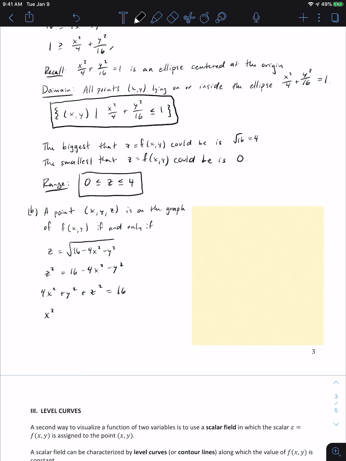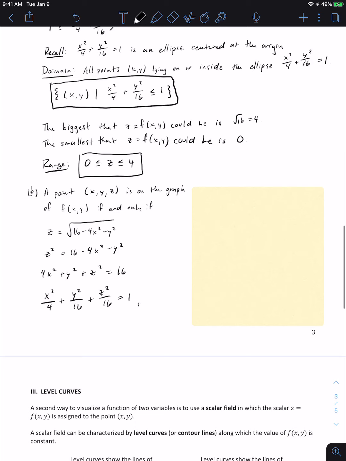So I'd get x squared over 4 plus y squared over 16 plus z squared over 16 equals 1. Now what is this? And remember, what are my possible z values, or my range values? Remember that z was between 0 and 4, right?